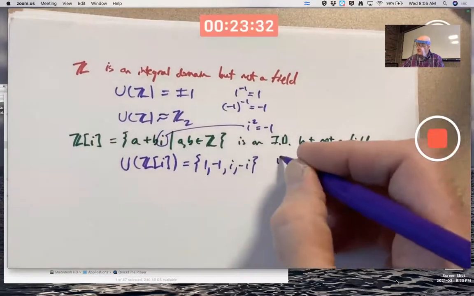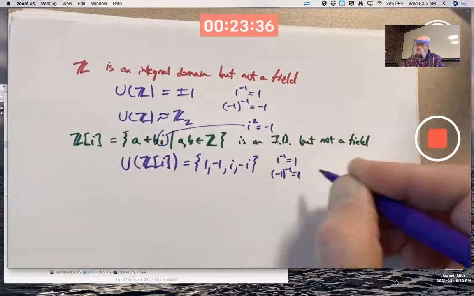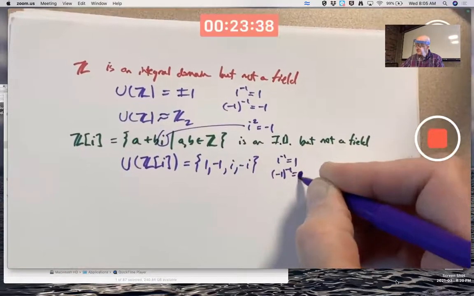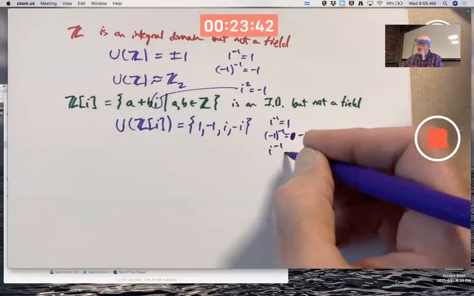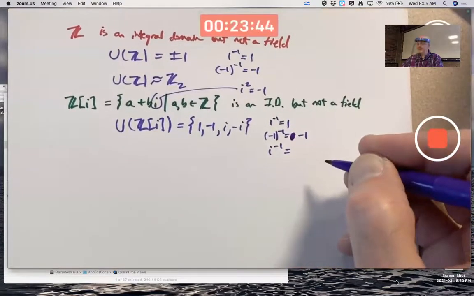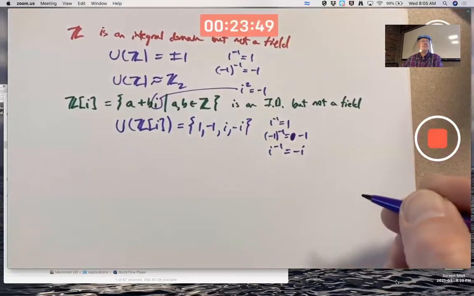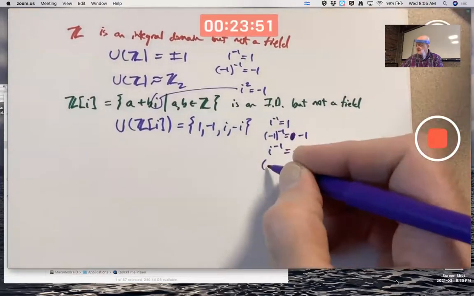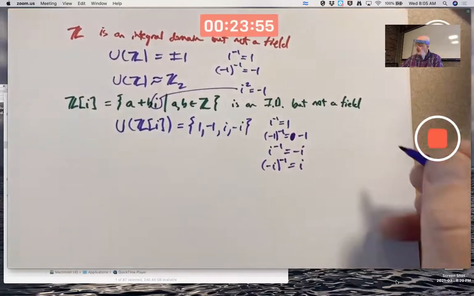The multiplicative inverse of 1 is itself. The multiplicative inverse of -1 is itself. However, the multiplicative inverse of i is not itself. It's the same as its additive inverse, -i. The multiplicative inverse of -i is i. Why?